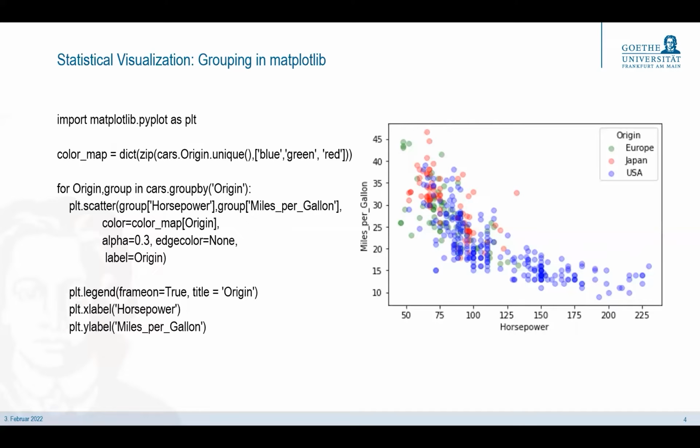But as soon as you start with statistical visualization or want to do some data exploration, Matplotlib can be a bit complicated. As you can see, we have a similar scatter plot like we had before. But you have to start defining a color map. You have to do this group by, and you have colors for each origin. You have to scatter each individual group. And all of this is still doable and understandable.